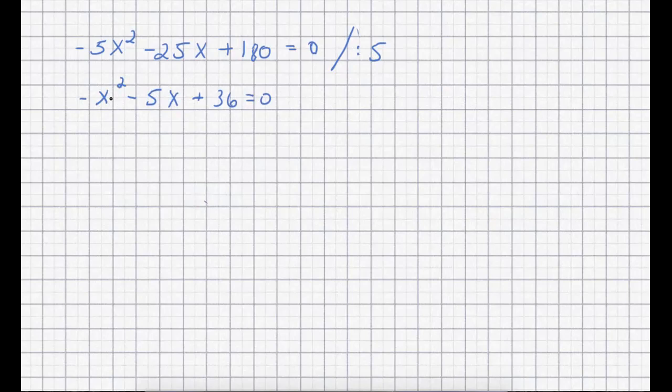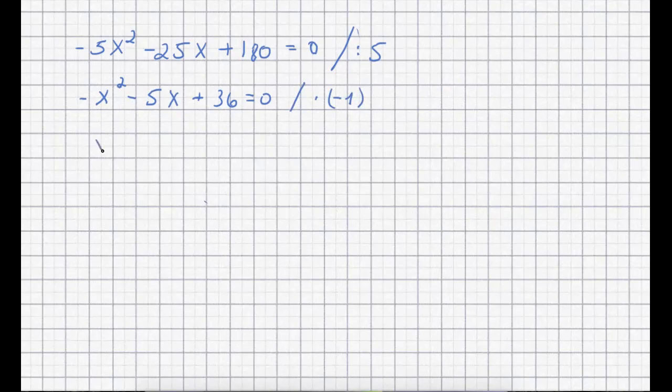Definitely divide by something negative. Minus 1. Yes. Right. Perfect. You can also multiply by minus 1, which is the same thing. Because minus x squared divided by minus 1 is x squared, and minus x squared times minus 1 is also x squared.